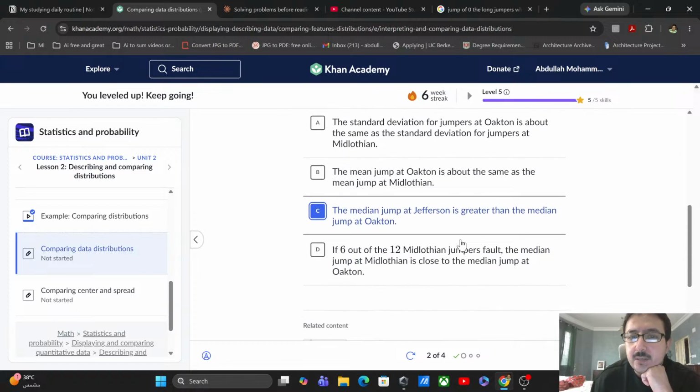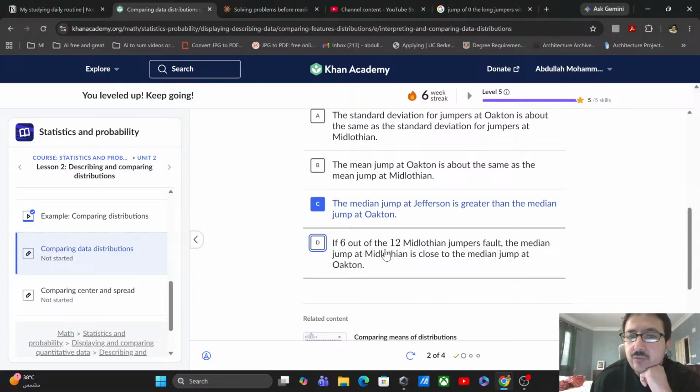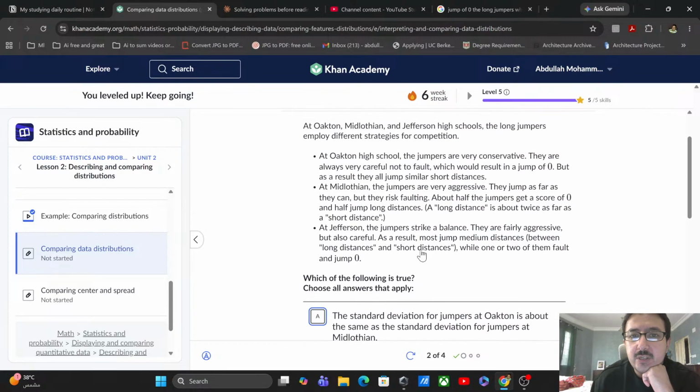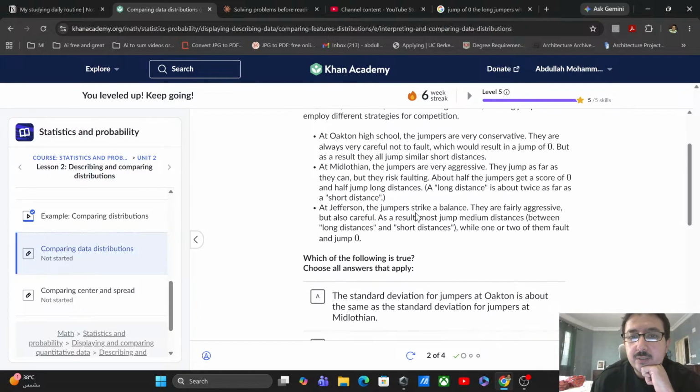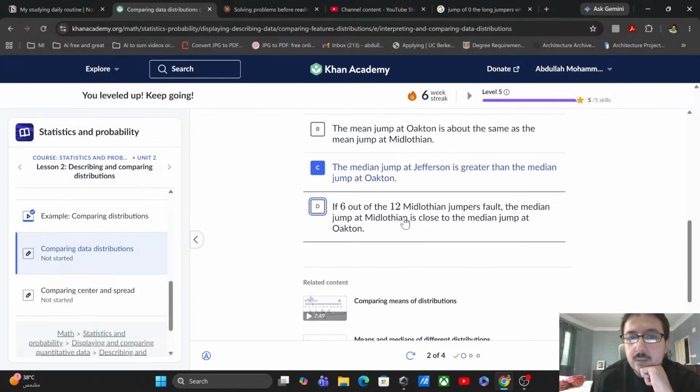What does that mean? If 6 out of the 12 Middleton jumpers fault, they jump as far as they can, but they risk faulting, get a score of zero, and have jumped long distances. The median jump at Middleton is close to the median jump at Octane.